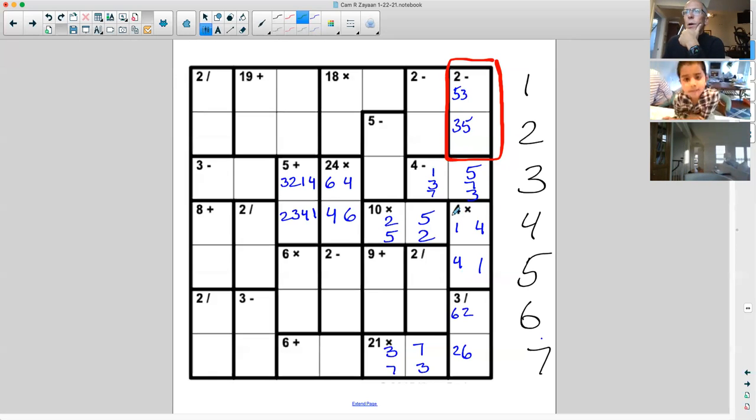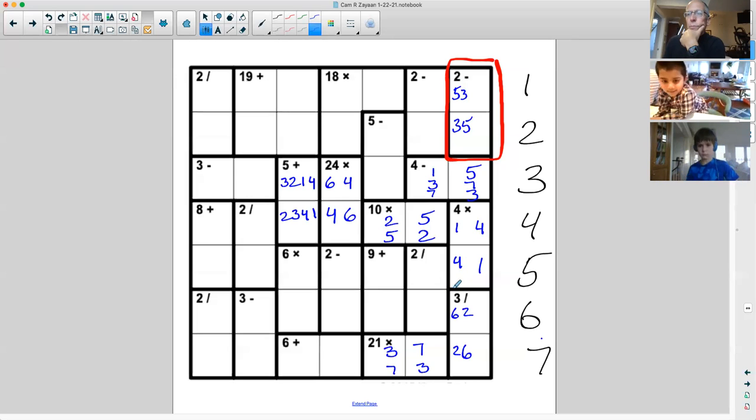Zayaan, what's another one, buddy? 4, 2 minus. Okay. It can't involve a 1 and a 3. No. It can't involve a 1, a 4, a 6, or a 2. Oh man, this is hard. Okay, I'll try to do that. Maybe. Cam, are you ready now, buddy?